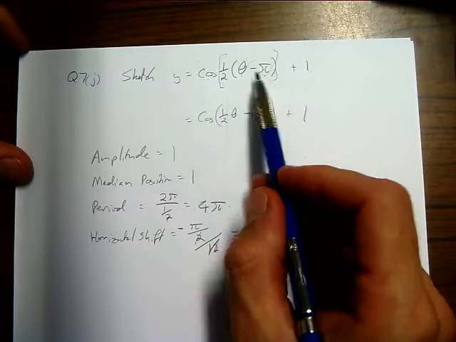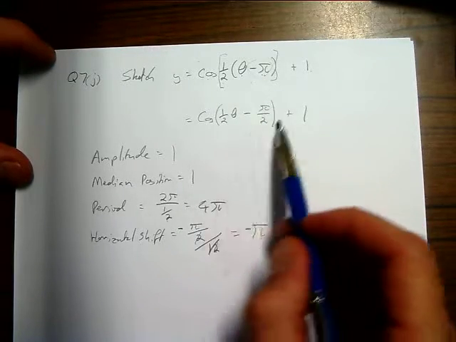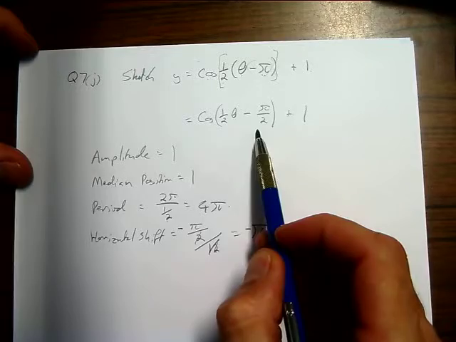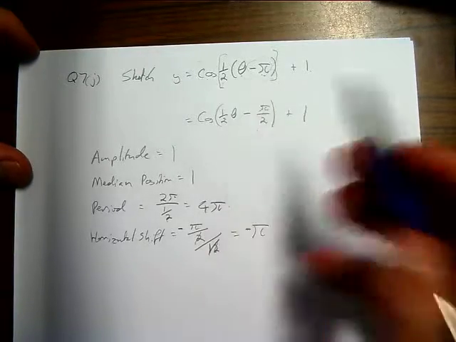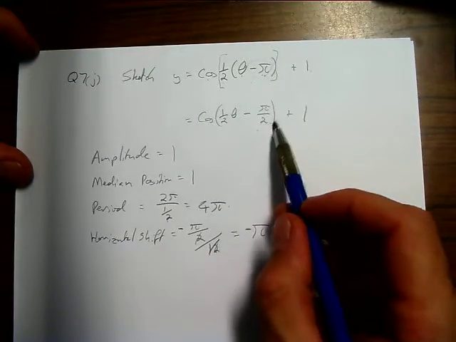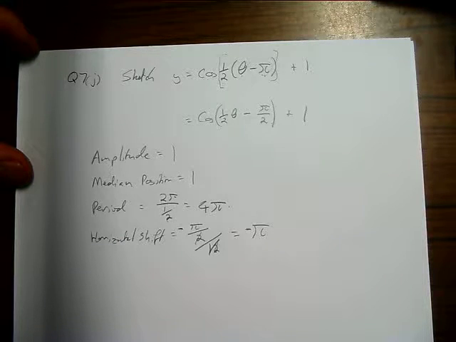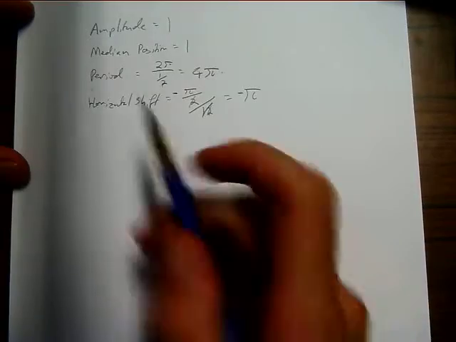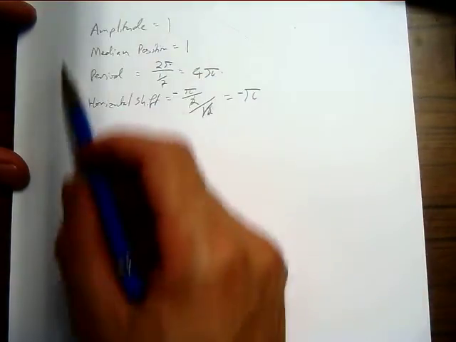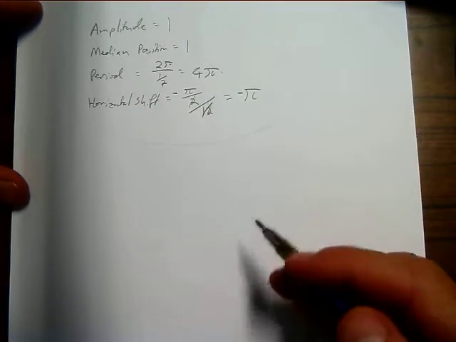It won't often be like this. It'll usually be in this form. And even if you're in this form, if you want to keep it simple for yourself, you can expand it first and then give the horizontal shift. But if you think you can understand that, this here is your horizontal shift. Okay, let's keep moving.